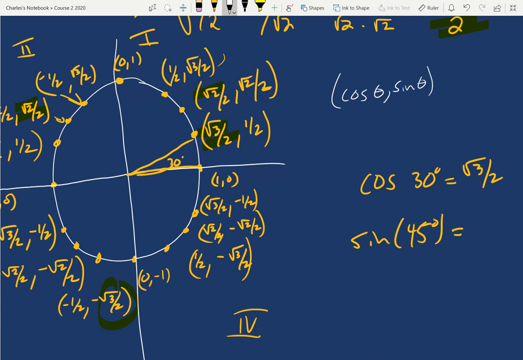Theta is just another Greek letter that we use as a variable, mostly always to represent missing or unknown angles. So when I say theta, I'm pronouncing this letter right here. And if I'm looking for the sine of 45 degrees, now I can go to this coordinate right here because this is my 45-degree angle. And since it's sine, I'm going to look for this number right here, which is root 2 over 2.